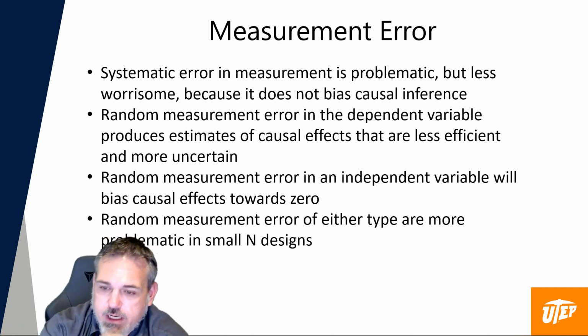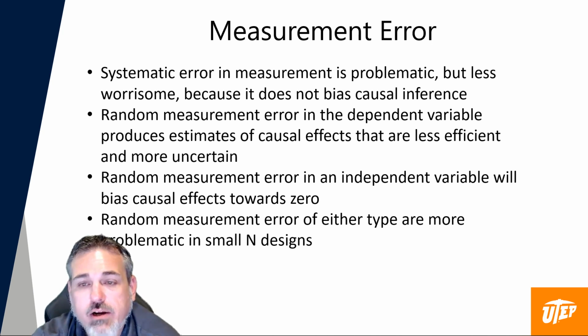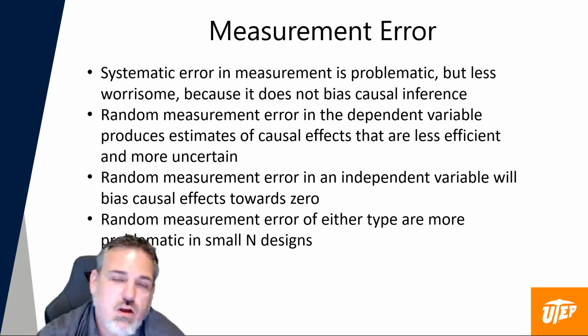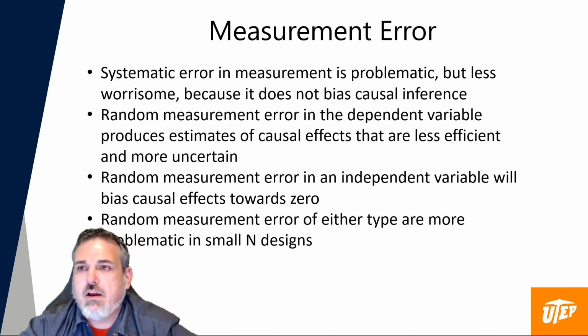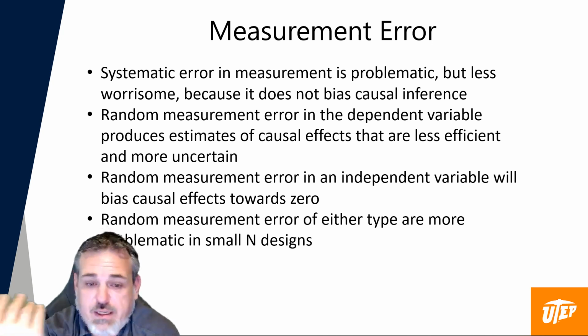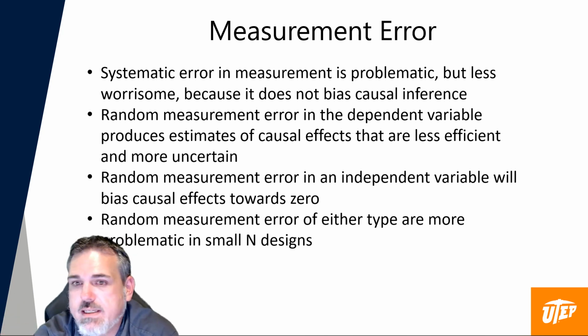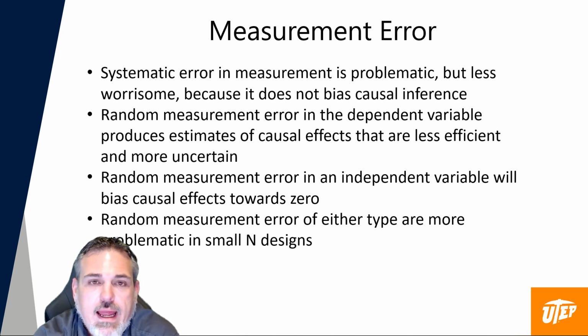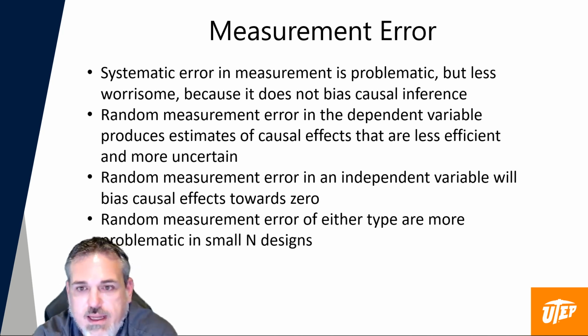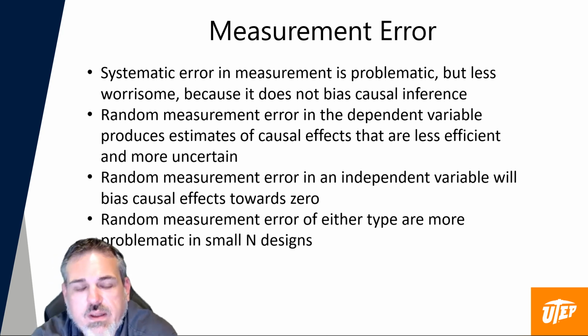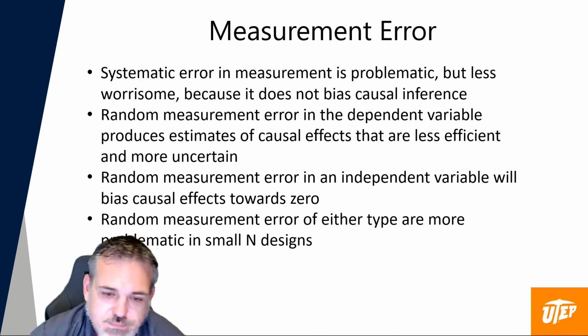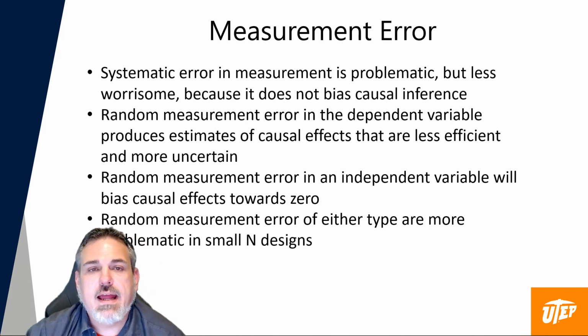When we have random measurement error in the independent variable, that is the variable that's trying to predict, this will bias causal effects towards zero. So let's say we assume that A causes B. B, temperatures in meat. We're just going to keep running with this example. And let's say we're taking measures of things coming out of our freezer. Well, let's say we take everything out of the freezer and set it down.